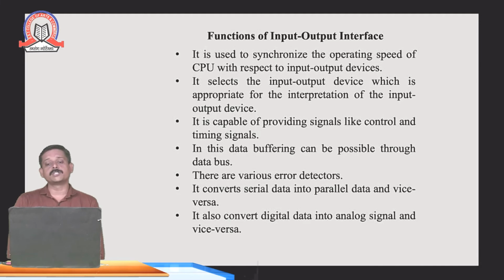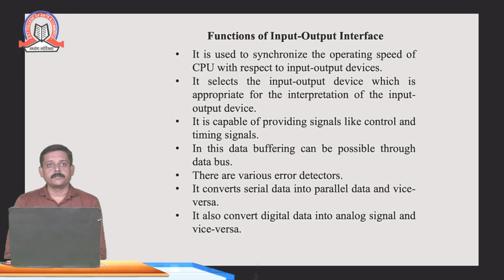So what are the functions of input-output interfaces? The very first function is to synchronize the operating speed of the CPU with respect to input-output devices. It selects the input-output device which is appropriate for the interpretation of the address. It is capable of providing signals like control and timing signals.